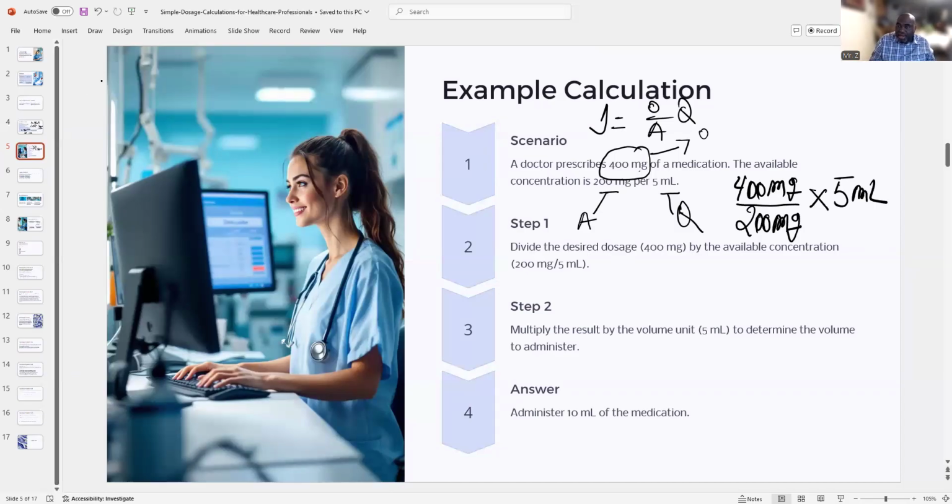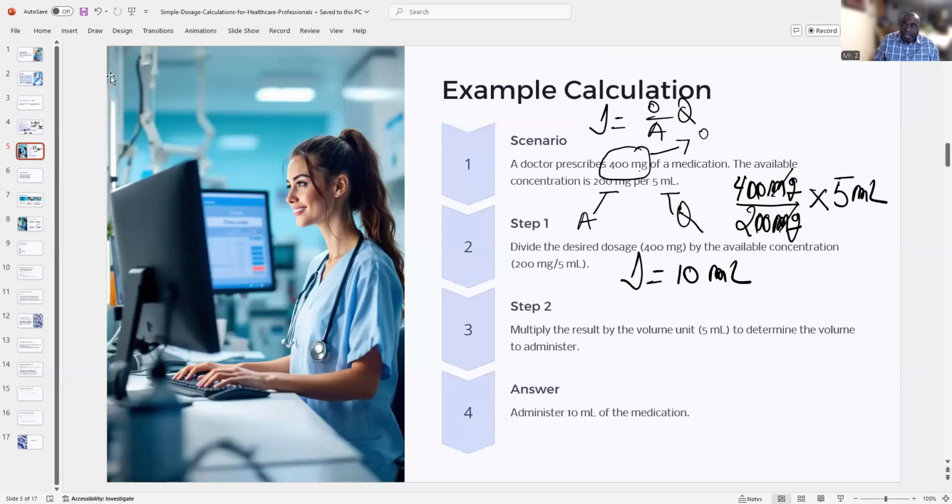The milligram there and that milligram cancel out. You can do it 2 ways, even 3. I can do 400 multiplied by 5 ml. I get 2,000 milliliter, divided by 200. I will have 10 milliliter. So the volume that you're going to give will be 10 milliliter.